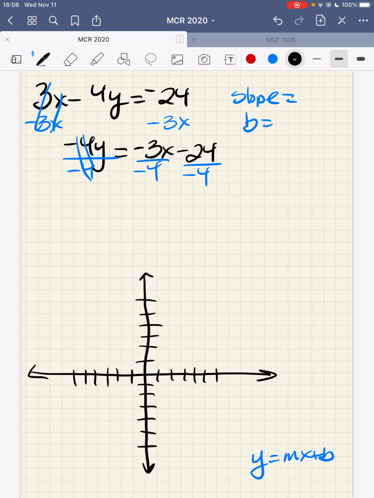Which leaves me with y is equal to, now a negative over negative is a positive, 3 over 4x. And a negative over negative is a plus. 24 divided by 4 is 6.